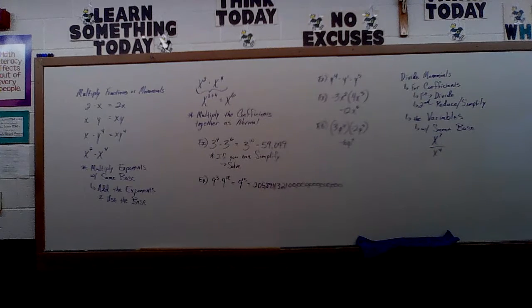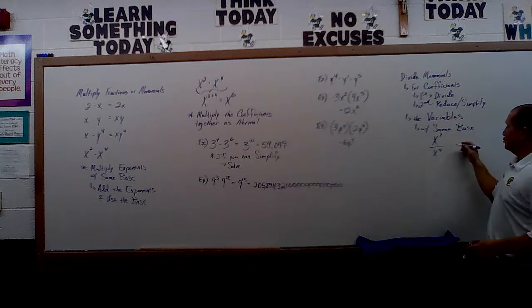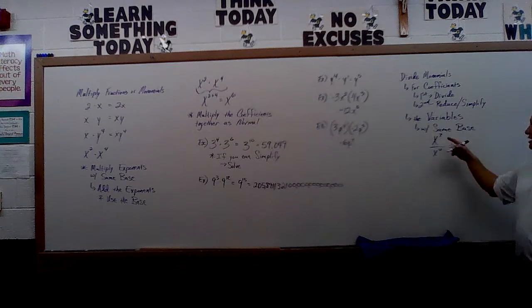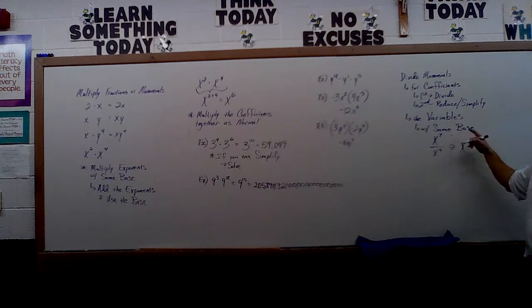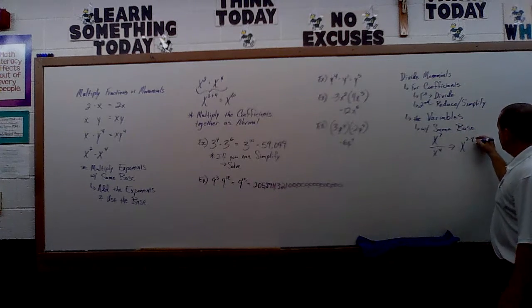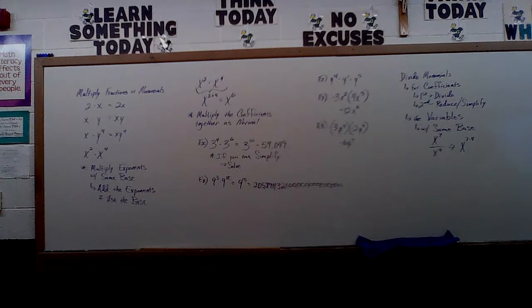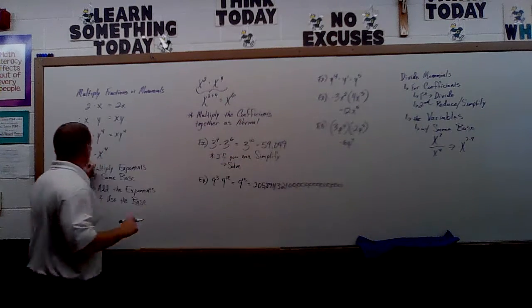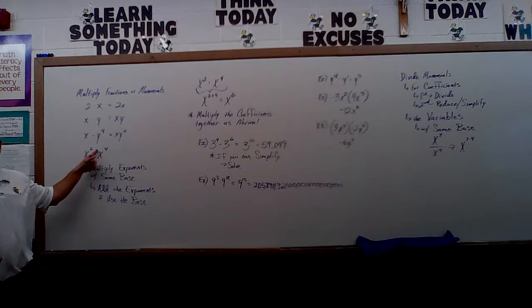We just kind of crossed them out, right? Well, if that confused you, we can have a rule that says we take the exponents as long as they have the same base and we subtract the exponents. So like when we were over here, we had the same base and we were multiplying, we added.